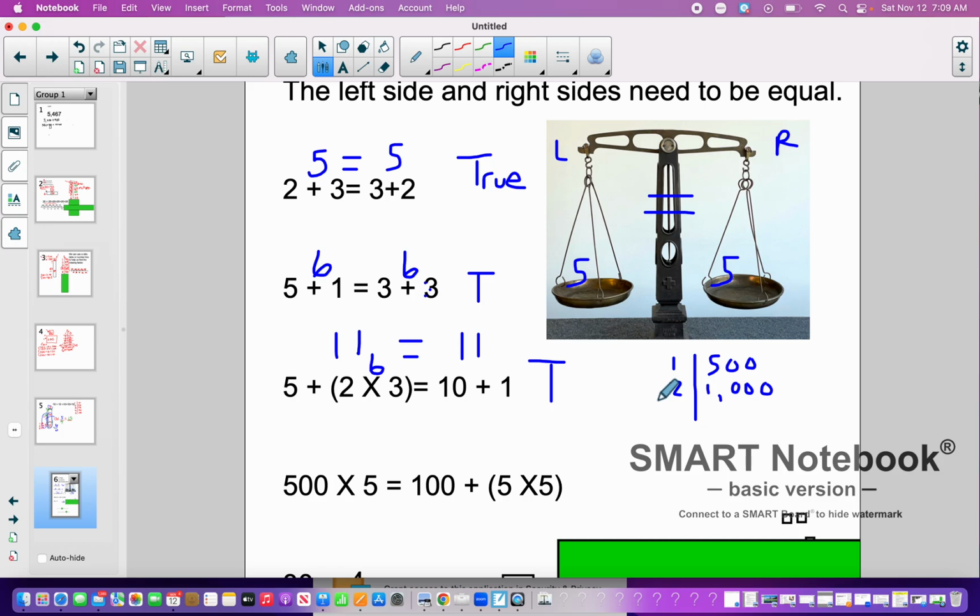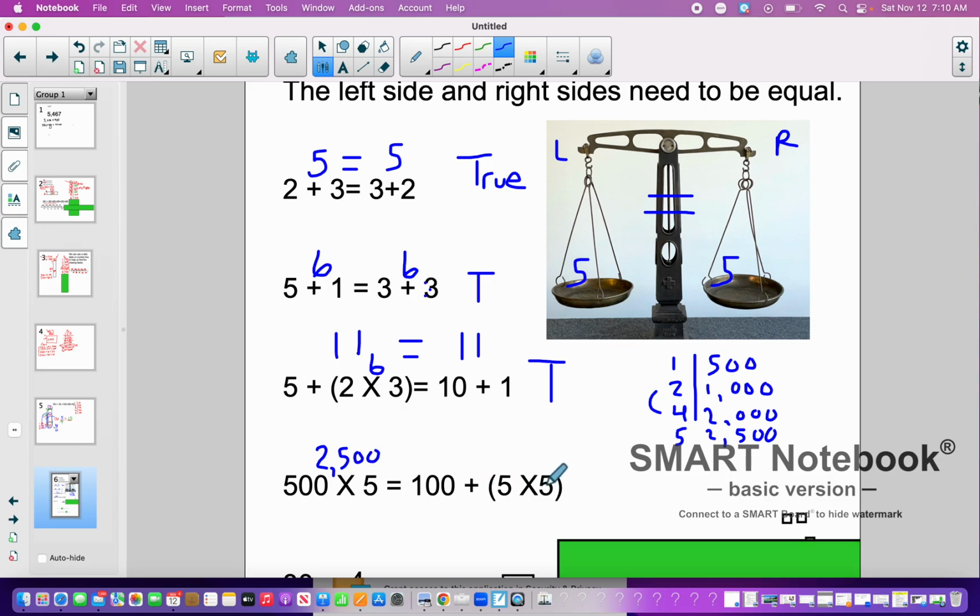If we double the 2, we get 4. We double the 1,000, we get 2,000. And now we'll just add on another 500. So the answer is 2,500. You could have counted by multiples of 500. So this side equals 2,500.